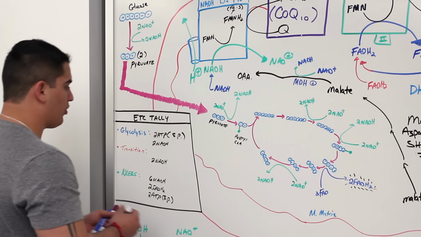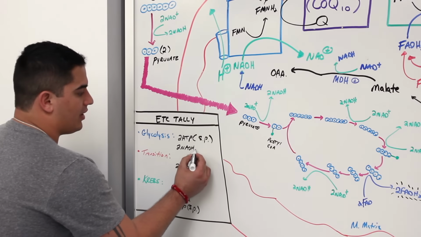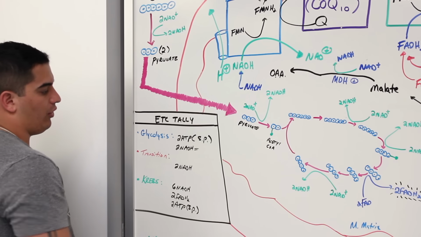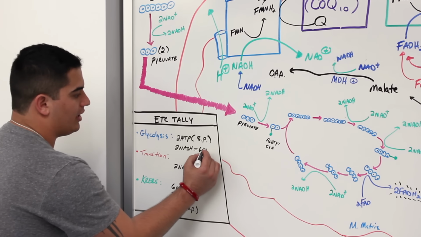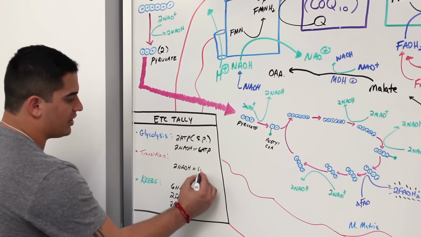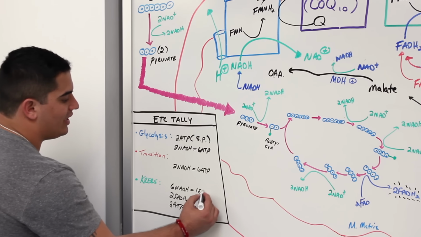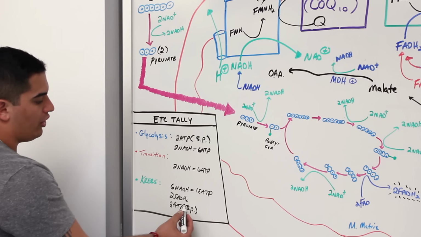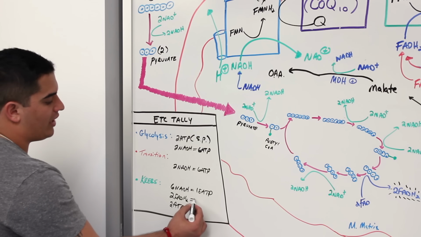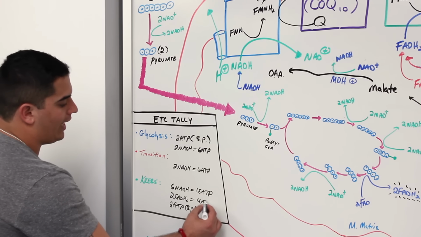All right, now we're on a roll. So if this is the case, how many ATP is 2 NADH giving you? 3 times 2, 6 ATP. Same thing for this one, 6 ATP. 6 times 3 is 18 ATP. 2 FADH₂s, it's 2 times 2. That's going to give you 4 ATP.